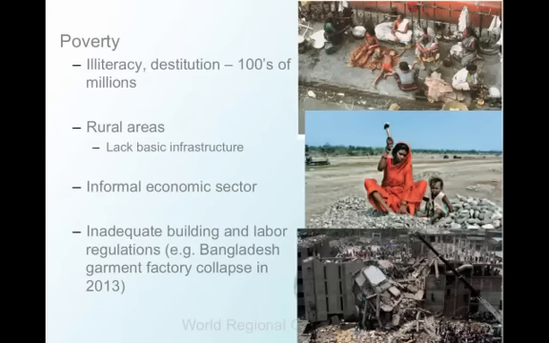Because of poverty and lack of formal economic jobs, you have a large informal economic sector, and some of the social and labor issues that we have seen in the news of late have been inadequate building and inadequate labor regulations, especially in Bangladesh, where a garment factory collapsed in 2013, killing more than 1,000 people.